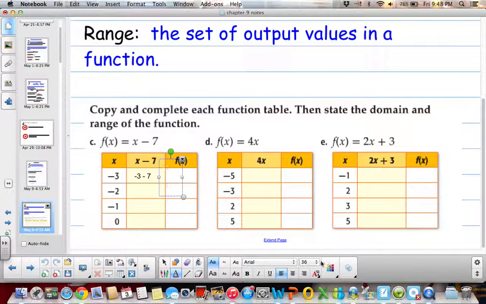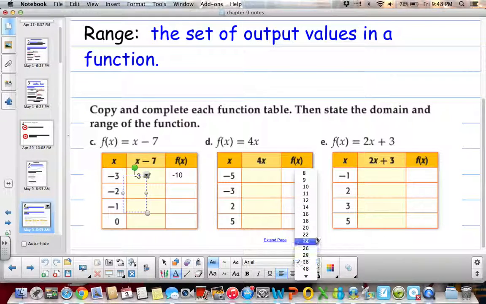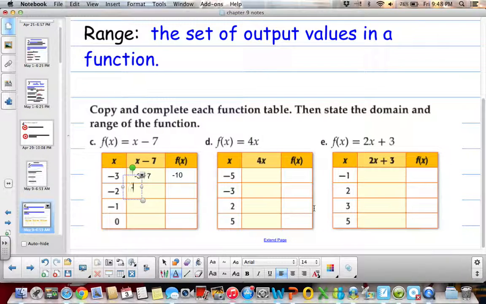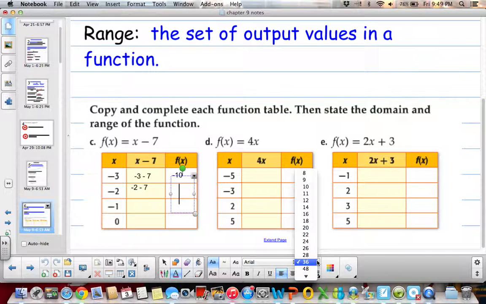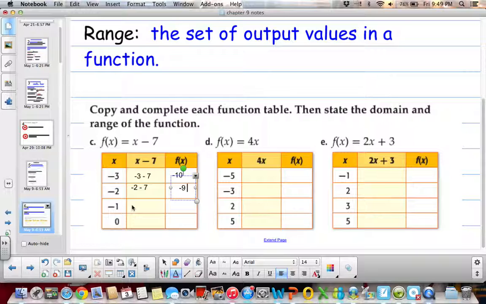Negative 3 minus 7 is not negative 4. 3 minus 7 would be negative 4. Negative 3 minus 7 would be negative 10. Okay, we do the same thing. Negative 2 minus 7 is negative 9.